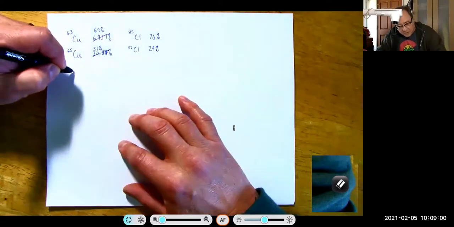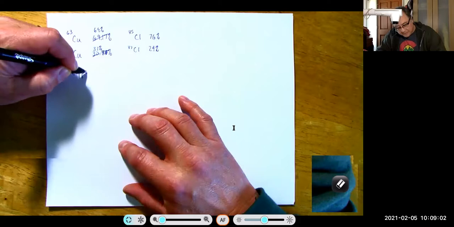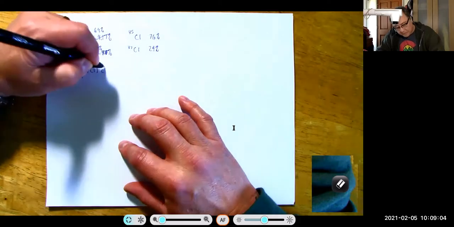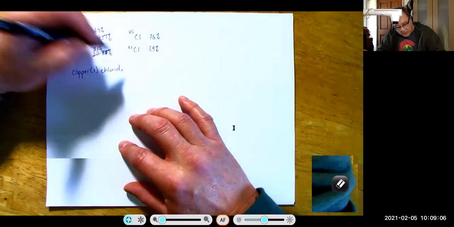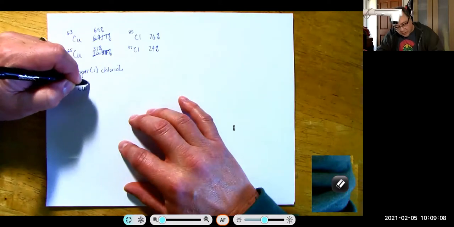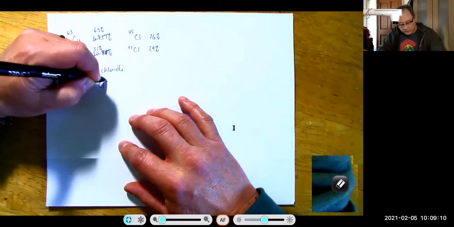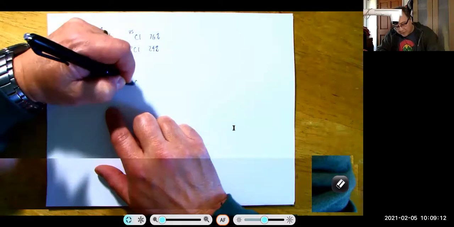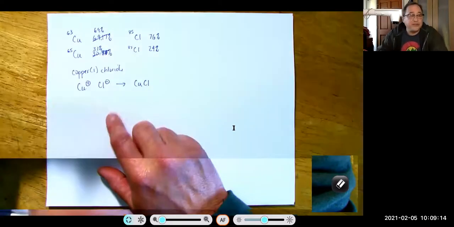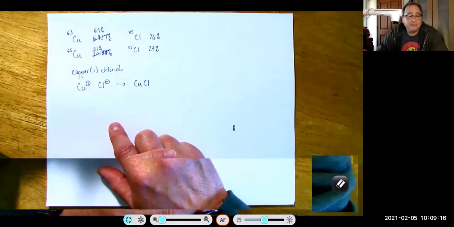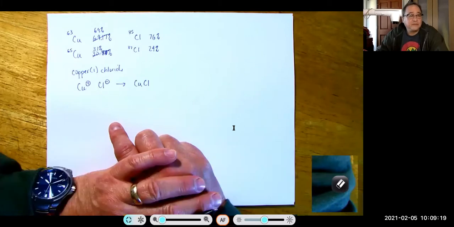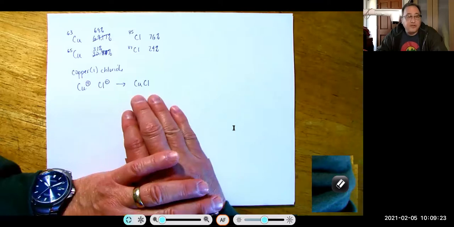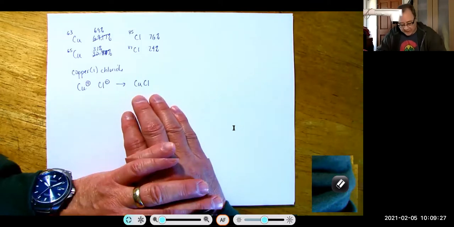Next, we have copper 1 chloride. Copper 1 is a +1, chloride is a -1. So the formula is 1 copper and 1 chloride when we do the switch and simplify. So here we know that there are 2 atoms in copper 1 chloride, and we want to know what the mass spectrum would look like.